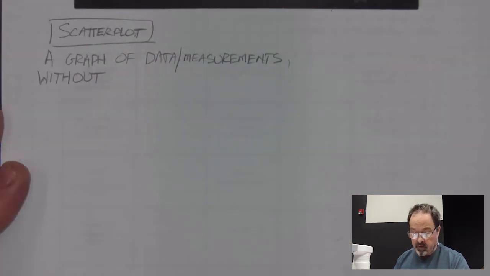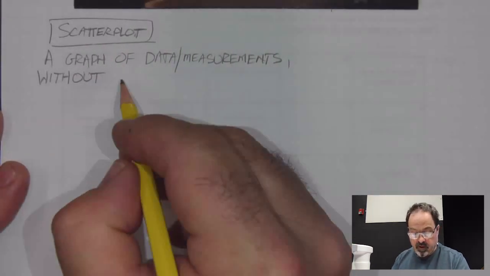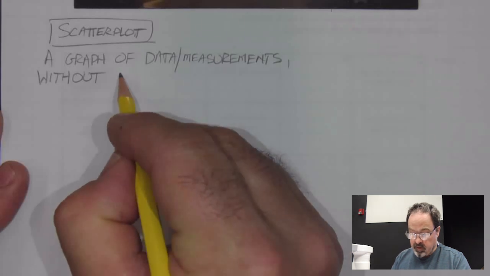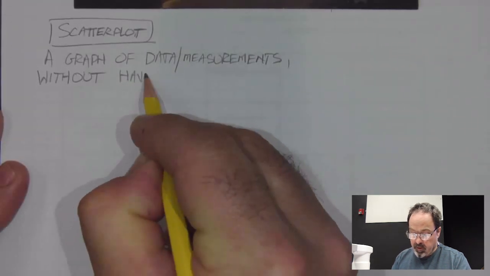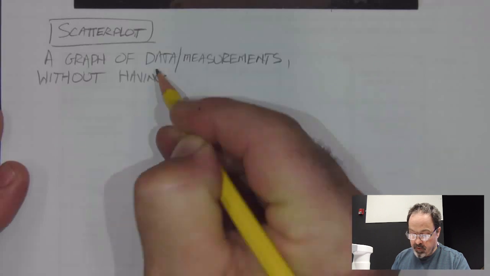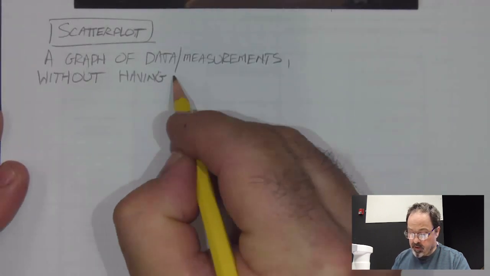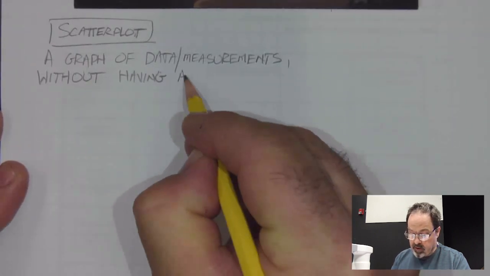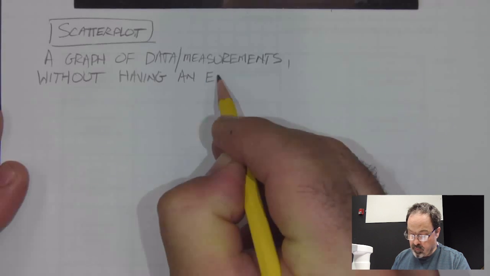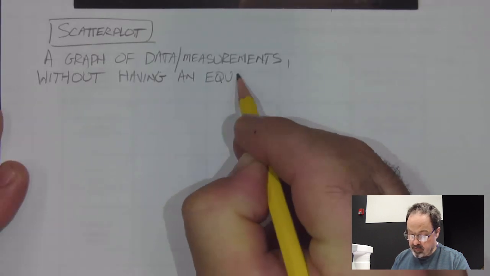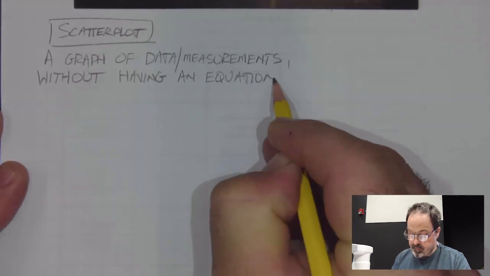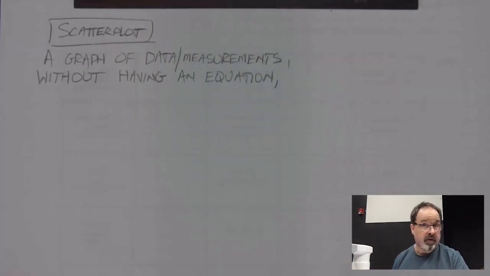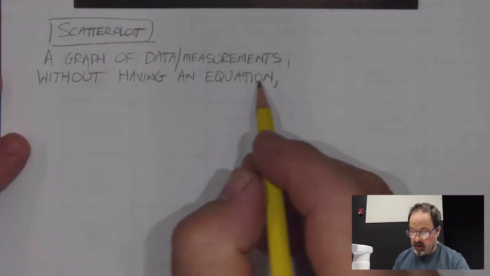You're just going to be graphing the information that you have. So we want to make a note that very often you're making a scatterplot without having an equation to help you out or generate the data. Or else you'd make a graph of that equation instead.